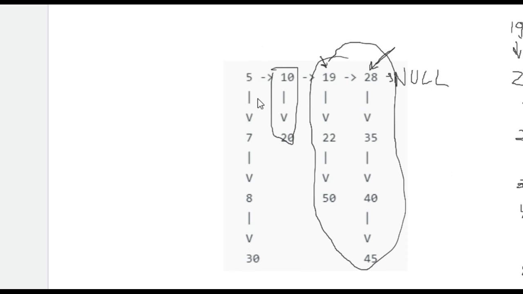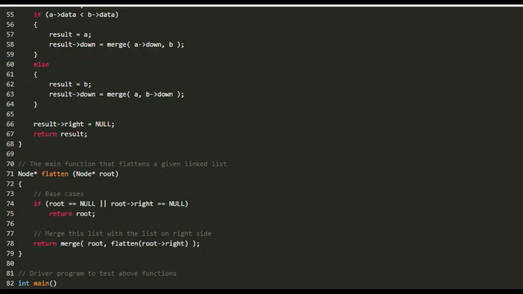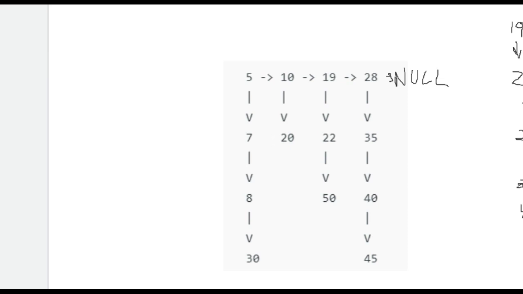And how are we going to do that? As you can see in this call, we are taking just the root node as an argument, and if it is null or its right node is null, then we return root. Otherwise, we call the merge function with arguments root and root's right. It is going to play out like this.